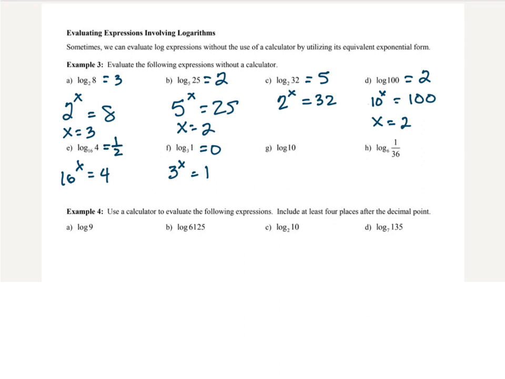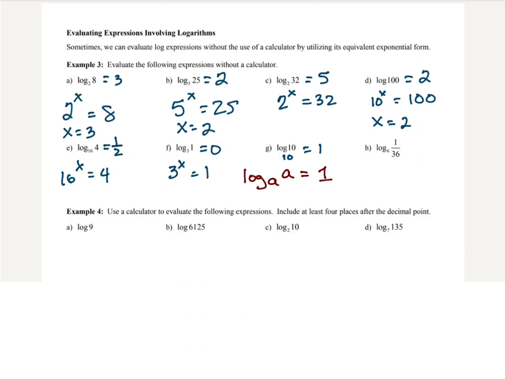Okay. Log base 10 of 10. 1. How do you know? Because 10 to the 1 is 10. Okay, so this is important. This brings up an identity and something that I want you to have in your toolbox. Anytime I have log base a of a, the answer is 1.